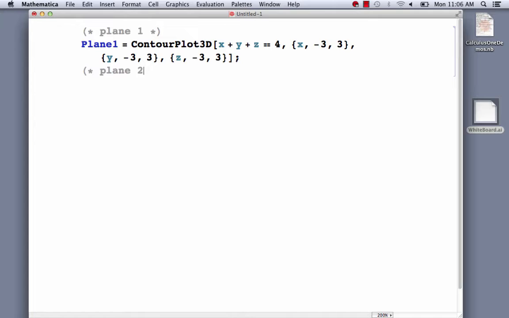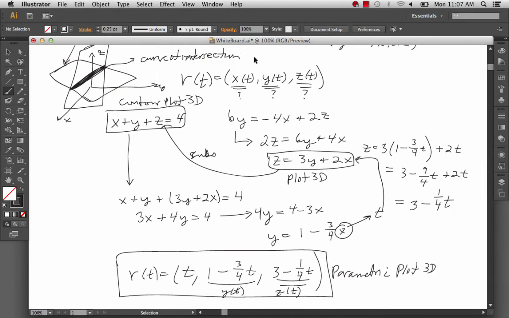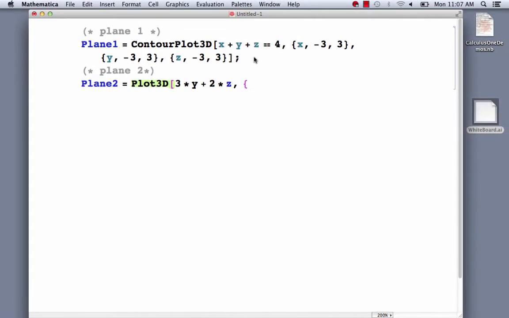Let's put plane number 2. We'll call this plane number 2, and that plane is going to be plotted with a Plot3D command because it was an explicit function: z is equal to 3 times y plus 2 times x.